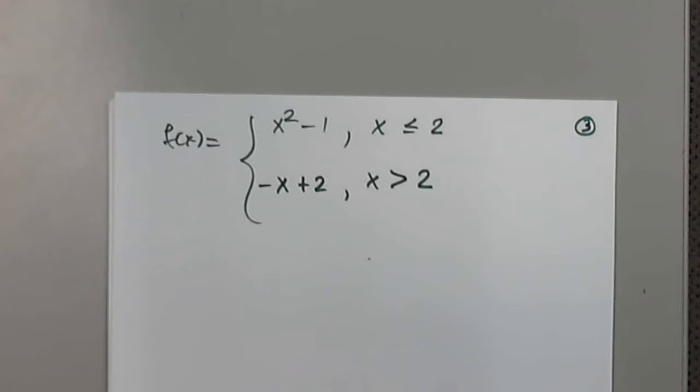So this is a piecewise defined function, and we want to graph it. Where do I start? What do I have to do? I honestly don't remember at all.